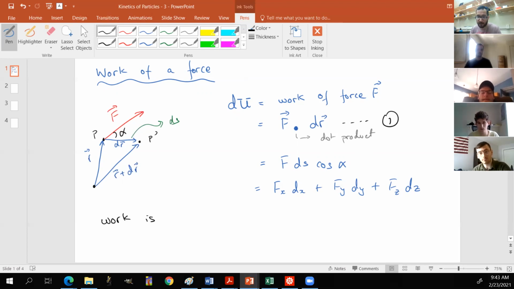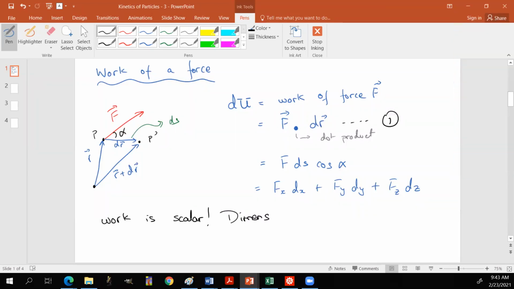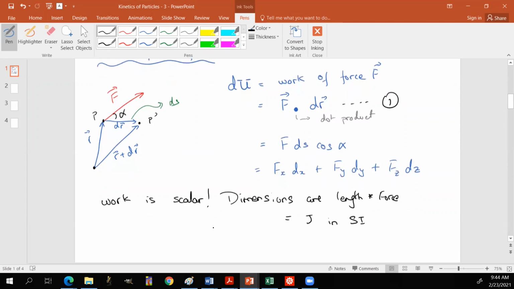It's a scalar, because the dot product of two vectors is a scalar quantity. So work is a scalar quantity, and its dimensions are the dimensions of length times force, which in SI units is a quantity called joules, J.